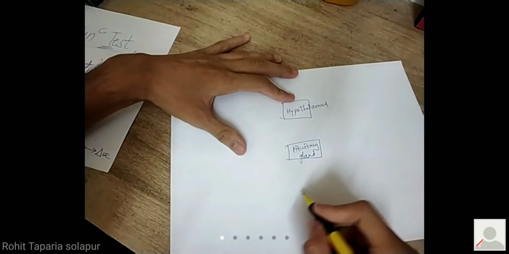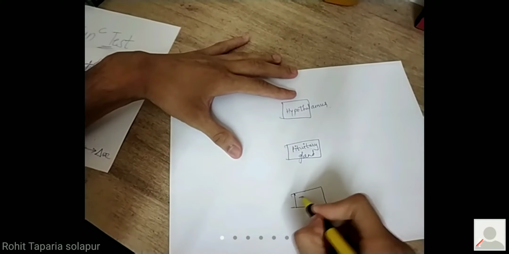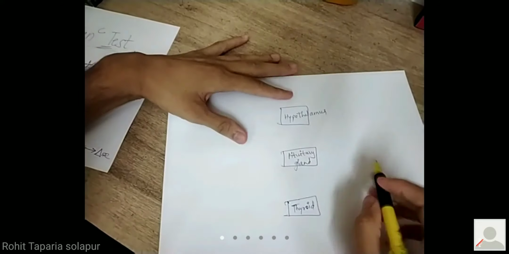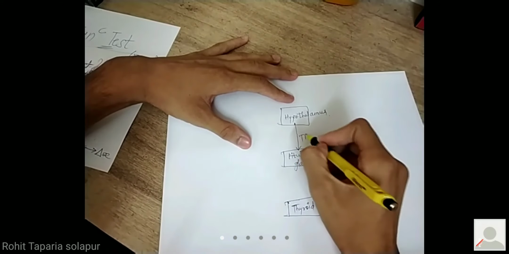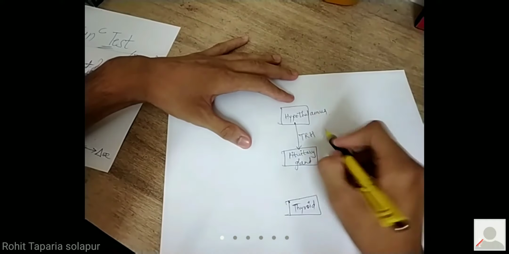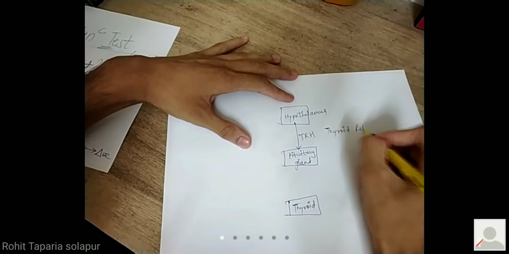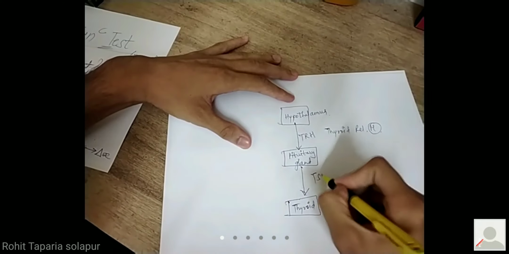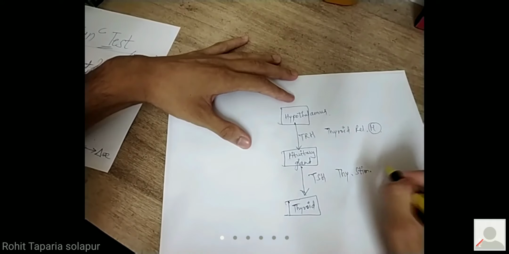Okay, pituitary and thyroid. Now, hypothalamus, as you know, secretes what? TRH, that is thyroid releasing hormone. So pituitary secretes what? TSH, that is thyroid stimulating hormone.